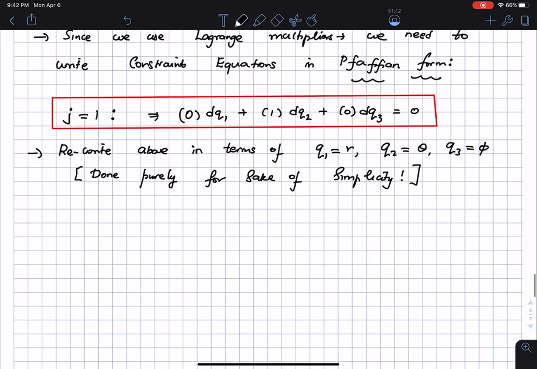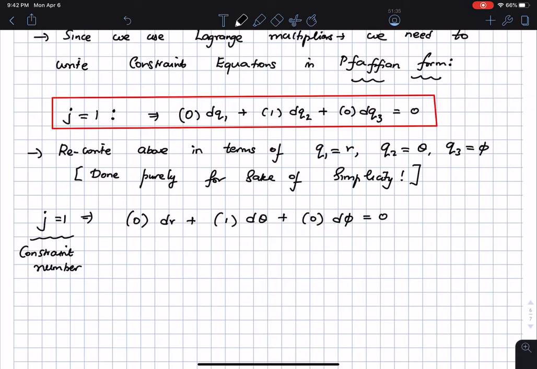So in this situation, if I do that, then I have j is equal to 1, the constraint number. This is constraint number 1. Then I get the following: 0 times dr, 1 times d theta, 0 times d phi is equal to 0.